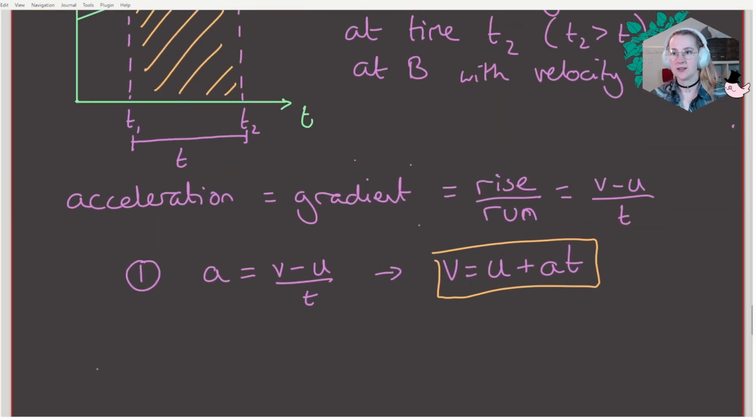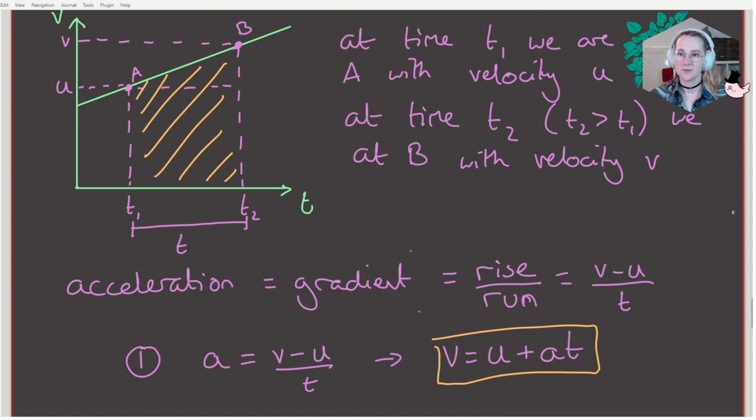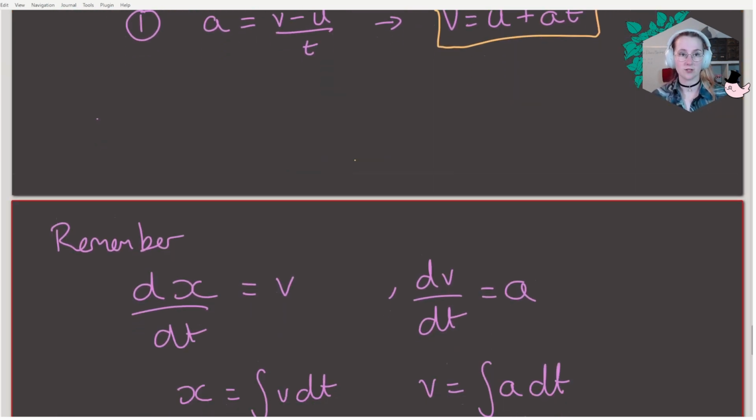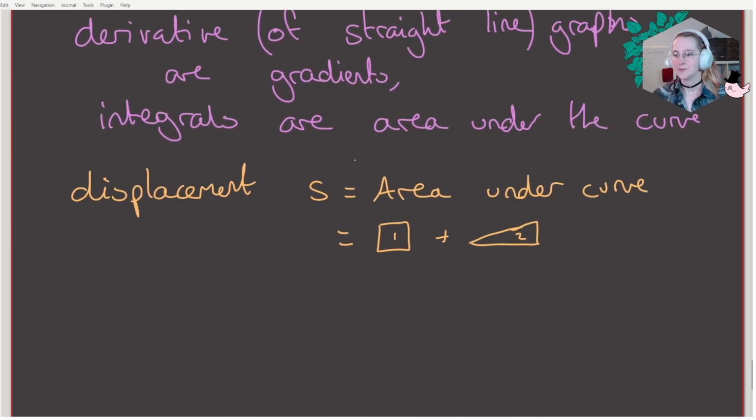Looking up here again, our first rectangle has a height of u and a length t, and then the height of the triangle is v minus u, and the base is t, so half v minus u times t. And I'll write it out because saying maths is hard. So that rectangle bit is u times t, and then the triangular bit has height v minus u and length t.